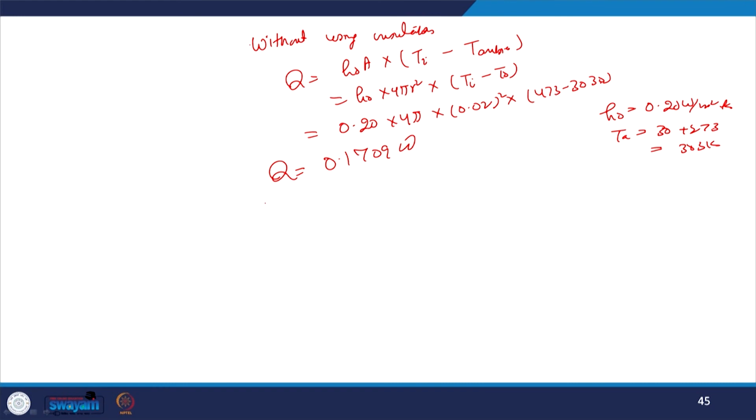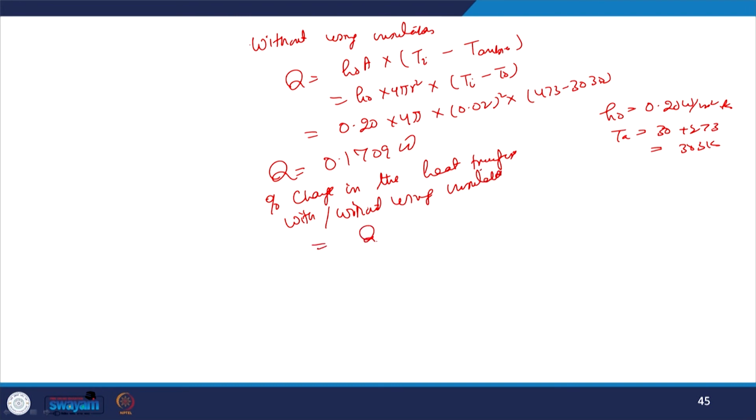Now the percentage change in the heat transfer with or without using insulation.